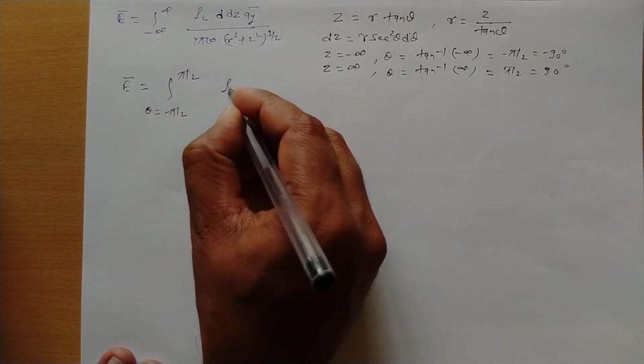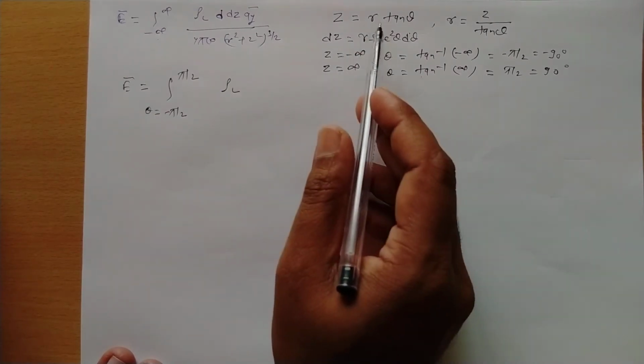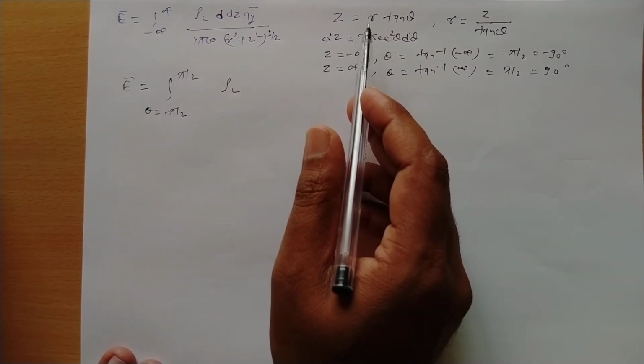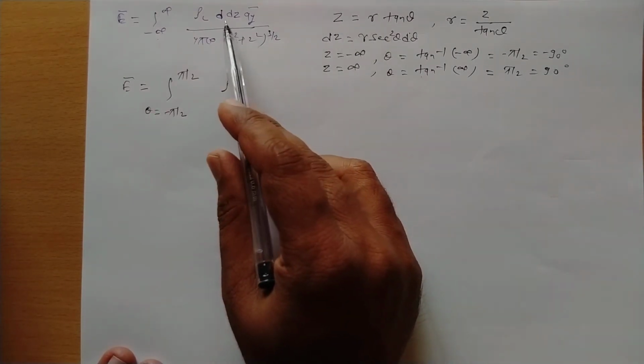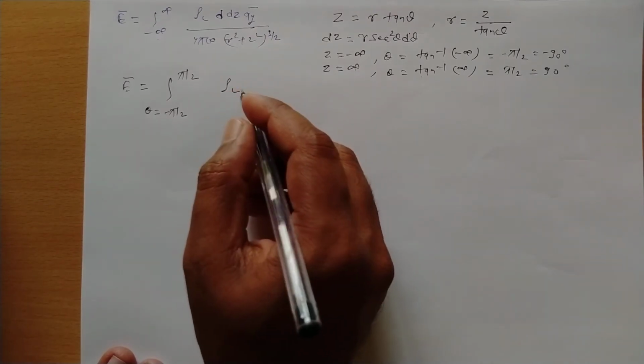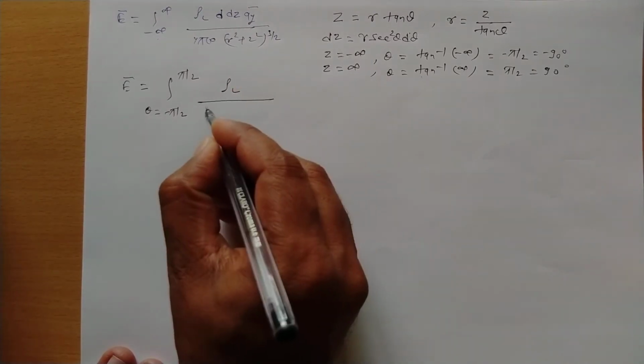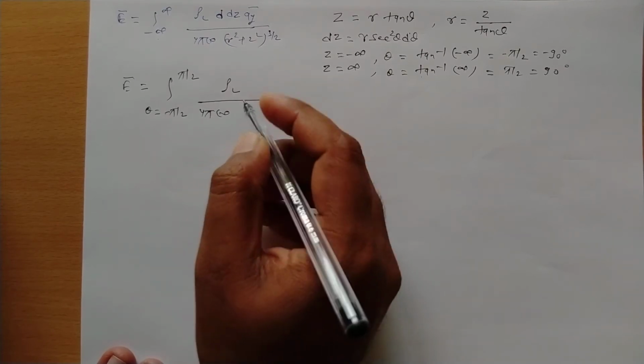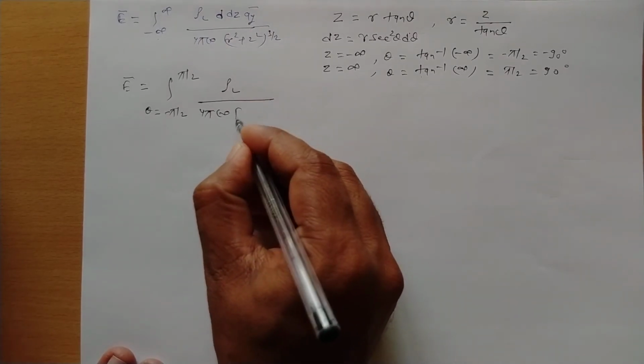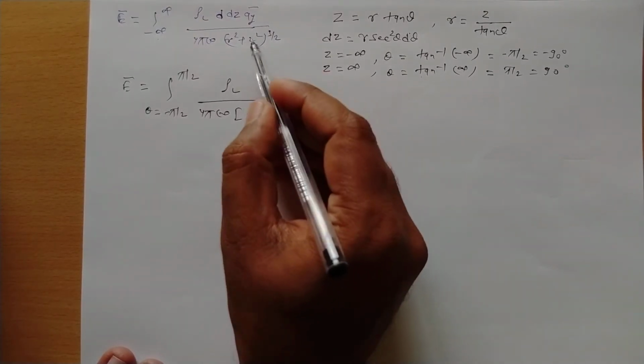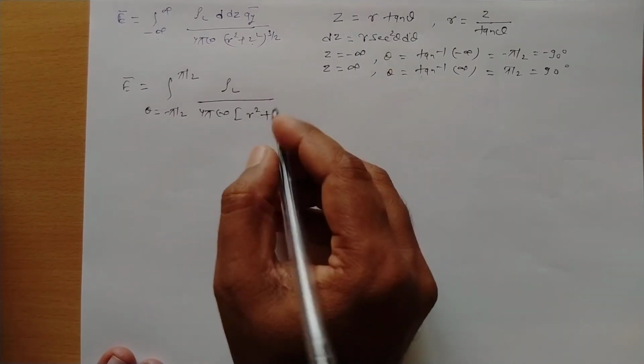And here rho L will be this, and r, as we know, we put: rho L upon 4 pi epsilon naught. So this r squared, and in place of z we put r tan theta.